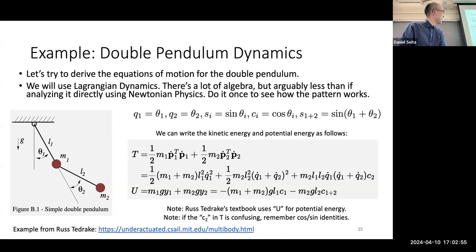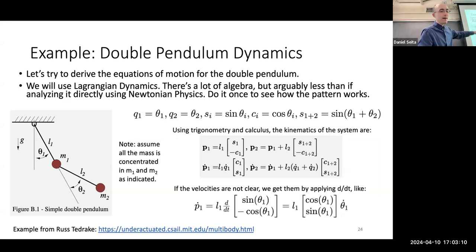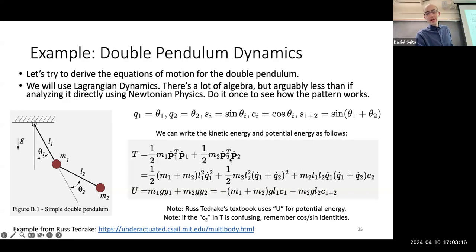Going to the second line, are we just substituting the equations given in the slide for each? Yeah, we are substituting. For this, you have P1 dot and P2 dot, and those directly go in here.